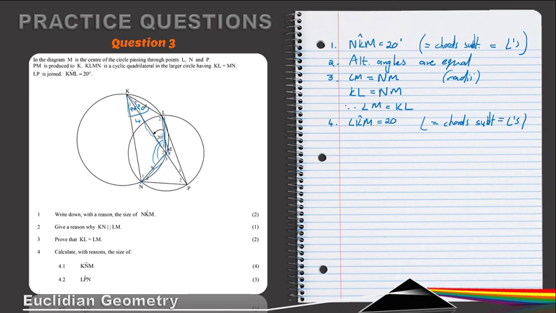And then we can say that NKL is 40. So LMN plus NKL is equal to 180 degrees, so that's opposite angles of cyclic quad.